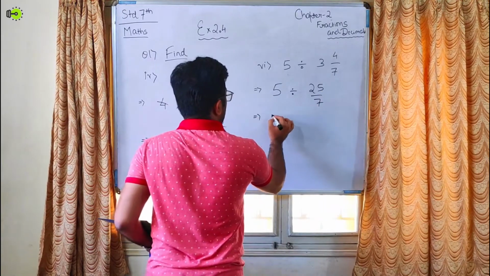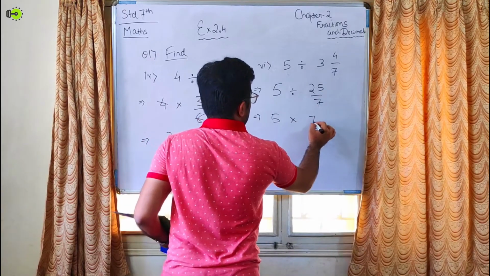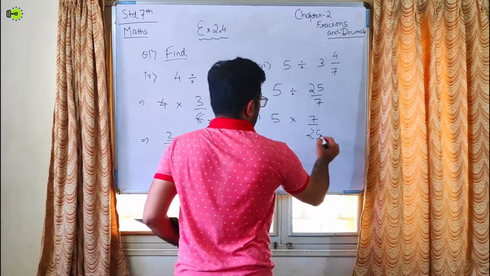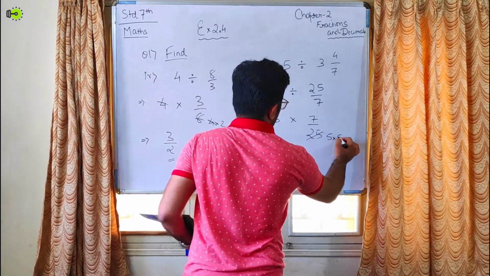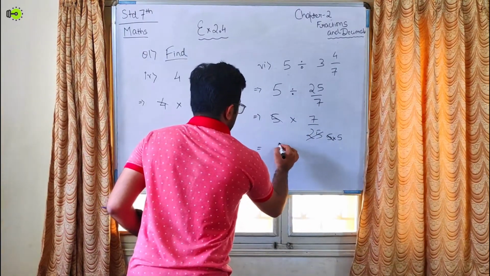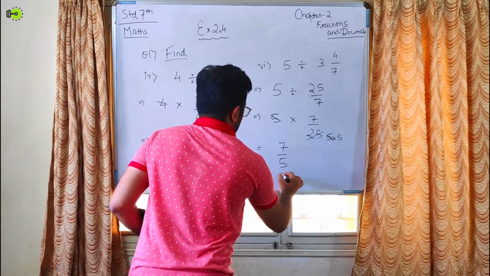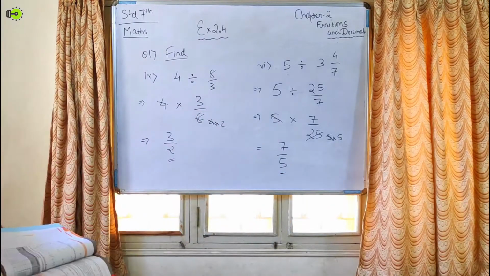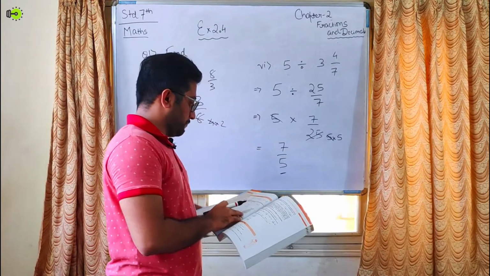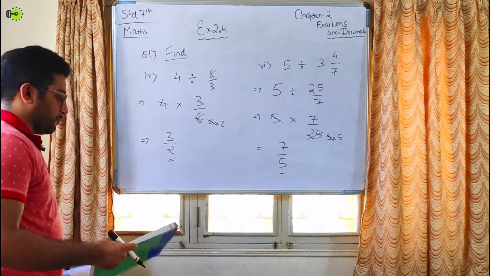Now we will take the reciprocal, that is 7 upon 25. Is there something in common? Yes, 25 is 5 into 5. Let us cut it out. So your answer is 7 upon 5. Okay, so please take a note of this and let us start question number 2.